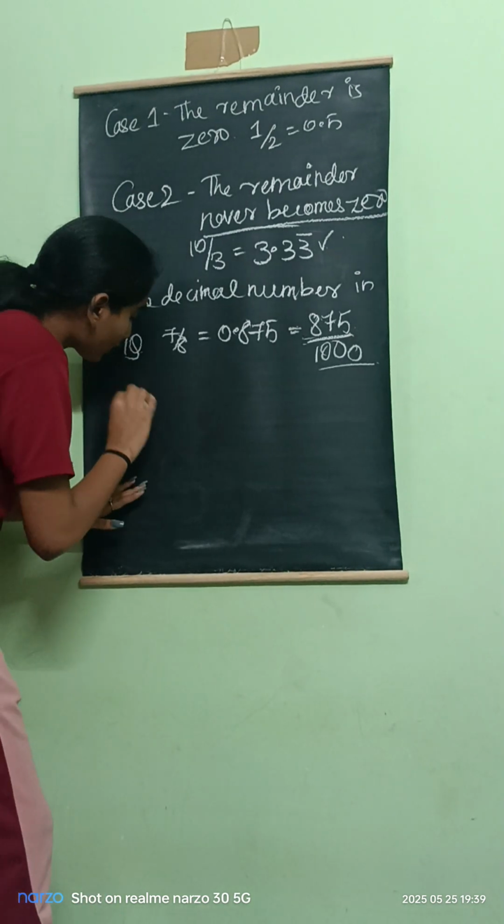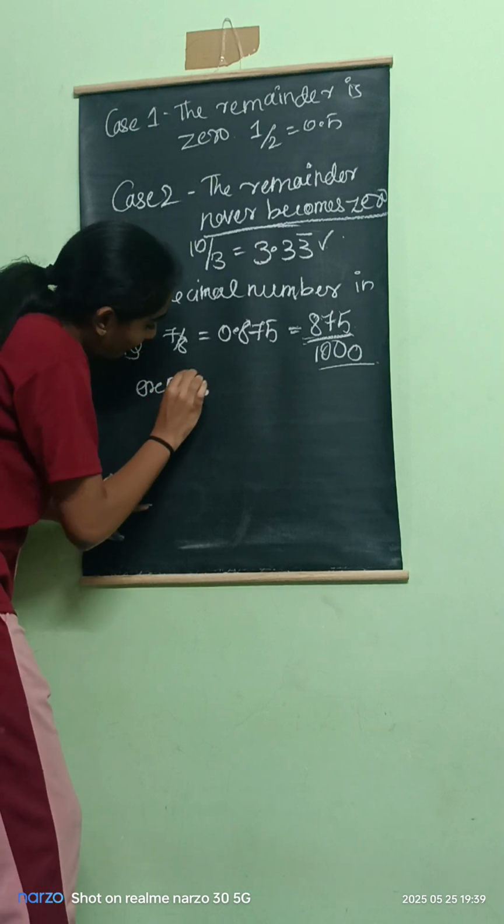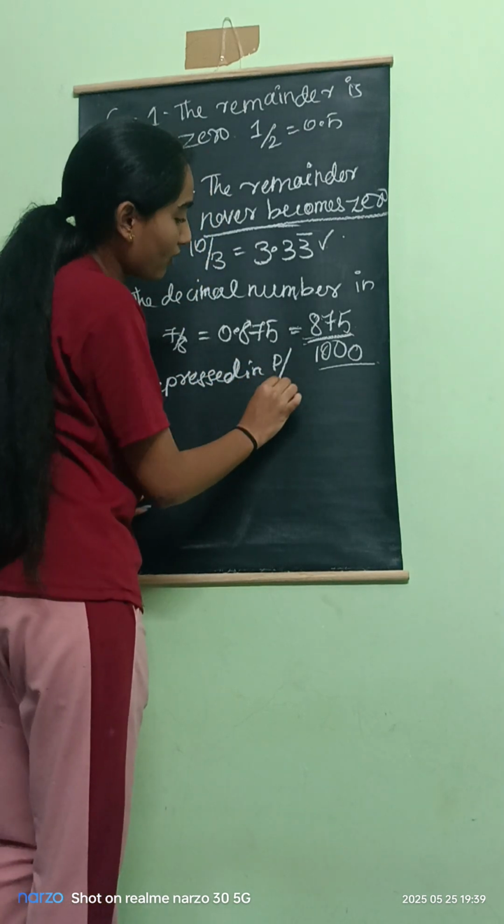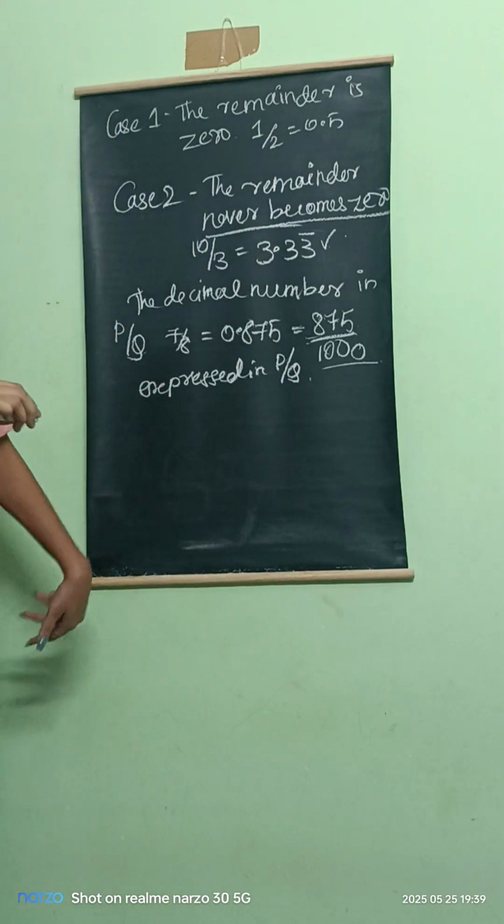Next, it should be expressed in P by Q form. So we want to occupy the whole board for this.